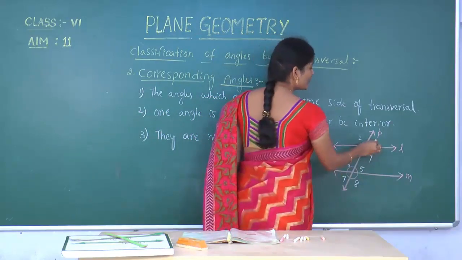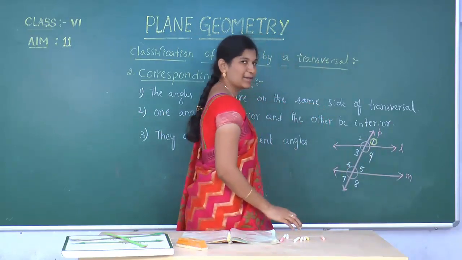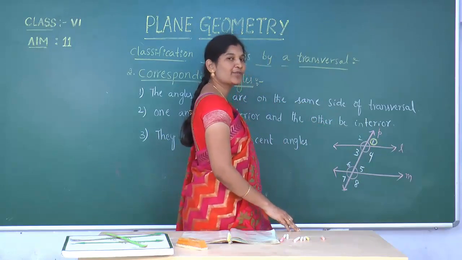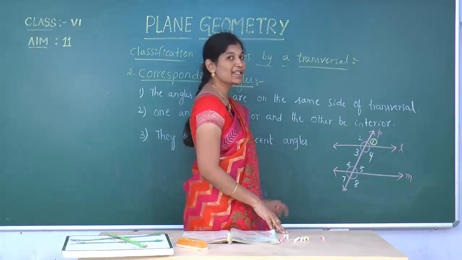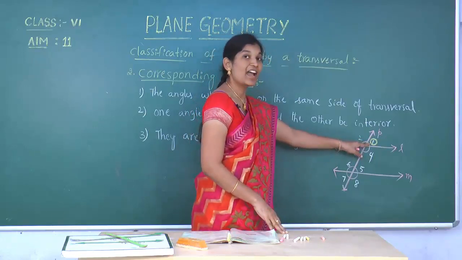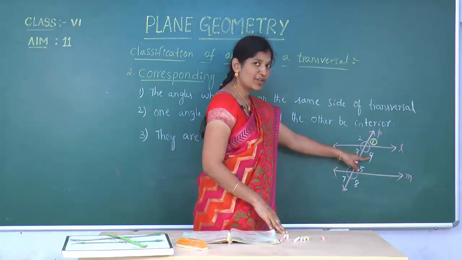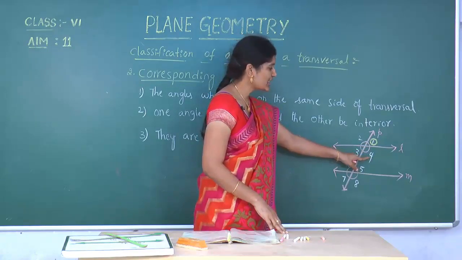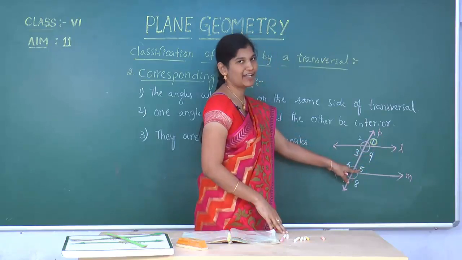Here if you take 1, here 1 is exterior angle, and now I am going to select one more which is corresponding to this one. Means the second angle must not be adjacent to this one and should be on either side of the transversal. I don't want to take this 4. Why? Because this is adjacent to this one. So I am going to 5.